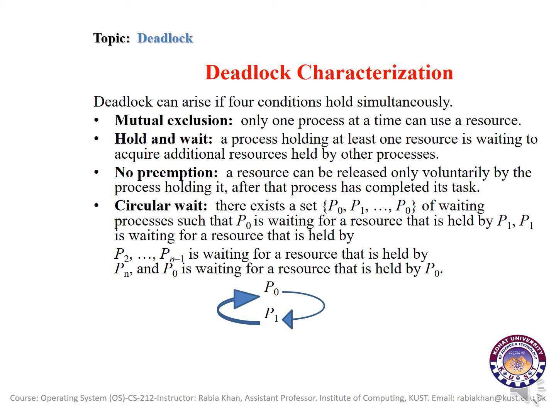So they will form a big circle. It is important to mention here that in order for a deadlock to occur, all these four conditions must occur simultaneously. If one of the conditions does not occur and other three are present, still deadlock will not happen.